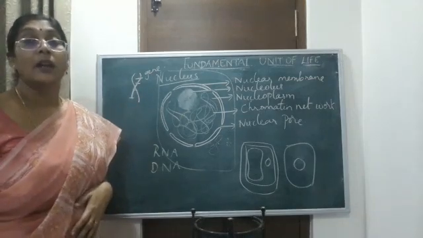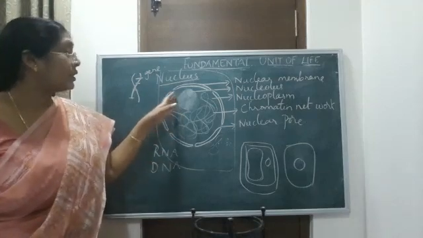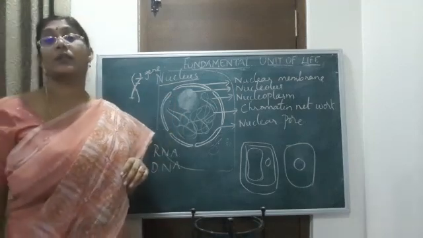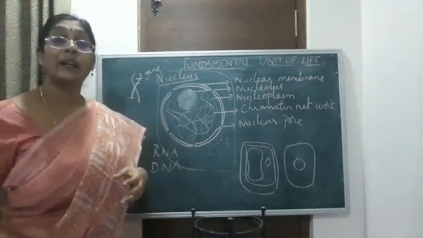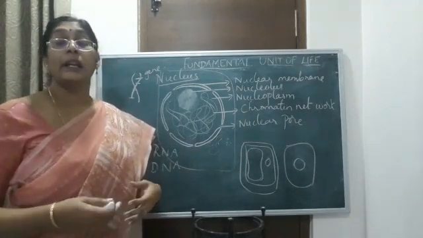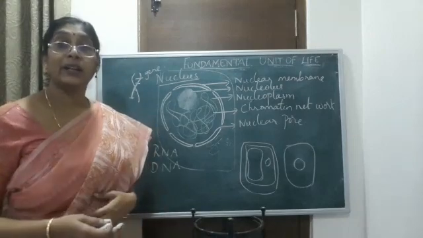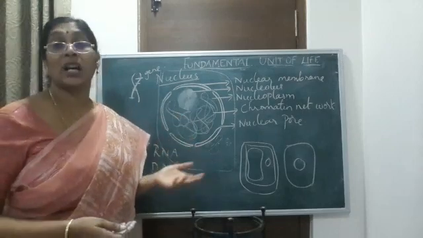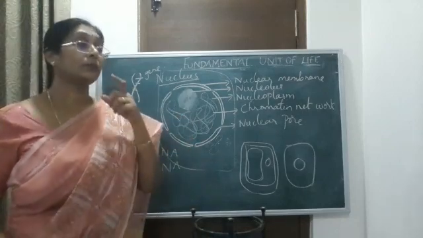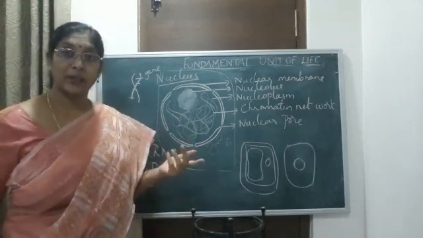And the nucleus of a cell is called as the control center of the cell. It is called as the control center of the cell because it will control all the activities of the cell, including when the cell will divide, and what the cell will become upon maturation, what are the proteins or hormones, or how much amount of hormones are to be produced by the cell.